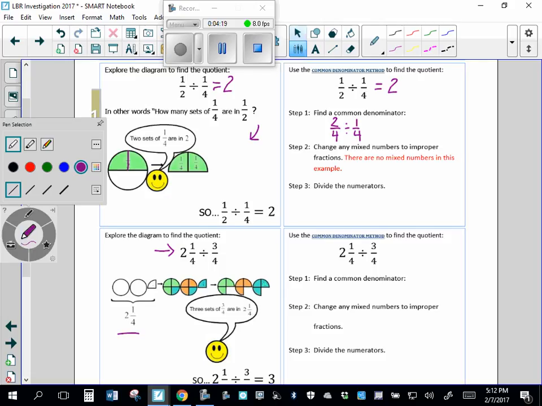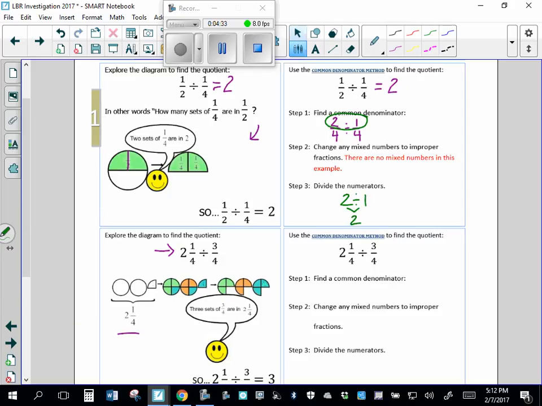So we look up at the original problem, and we do a division problem. So we could say 2 divided by 1 is 2, which is the answer we got. Or you could even write that as a fraction, 2/1, which is also 2. And those are the simple steps.